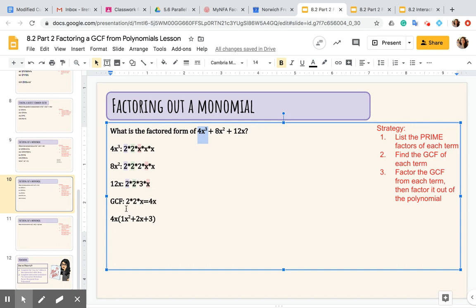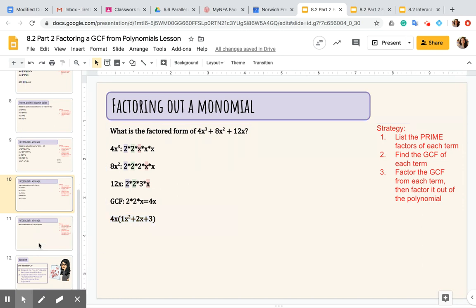If I add those exponents together, I get a cube. 4x times 2x, 4 times 2 gives me the 8, x times x gives me x squared. 4x times 3 is going to give me 12x, so it works. That is my final answer, and this is what it means to write something in factored form.